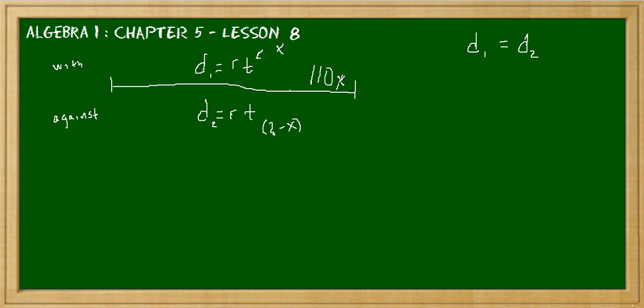Now, over here on the bottom, what is our rate? Our rate here is 90, right? So we would take 90, and we will multiply it times the time, which we already know to be 2 hours minus the first time, which is x, which is now 90 times parentheses 2 minus x.